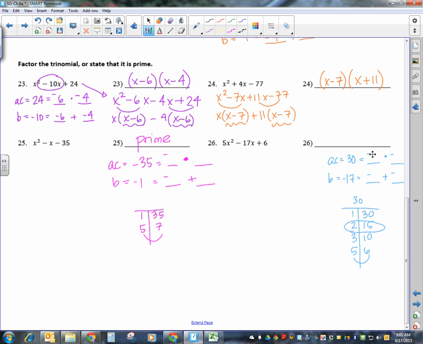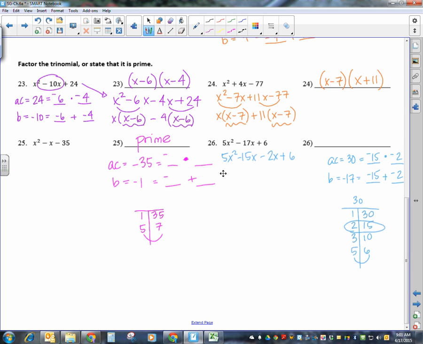There it is right there. So I got minus 15 and minus 2 are my numbers. And so to break it up, I've got 5x squared minus 15x minus 2x plus 6. So these always carry down. It's only the middle one that's being split up.